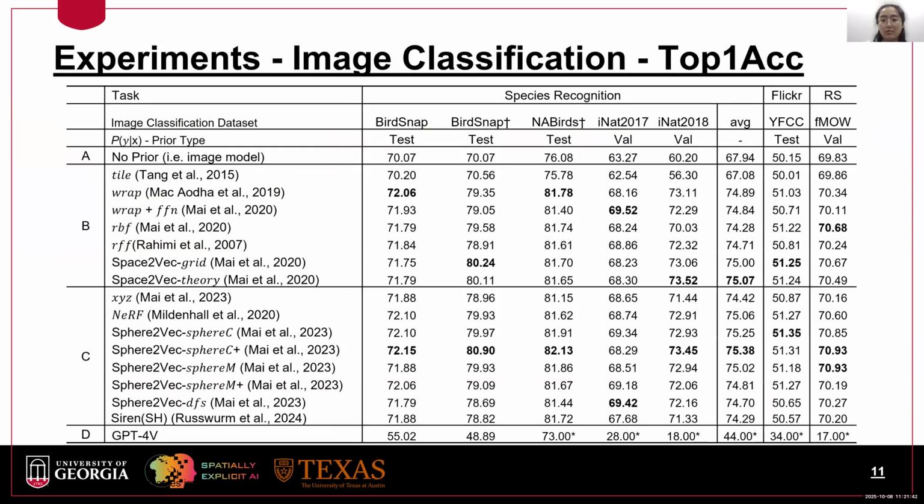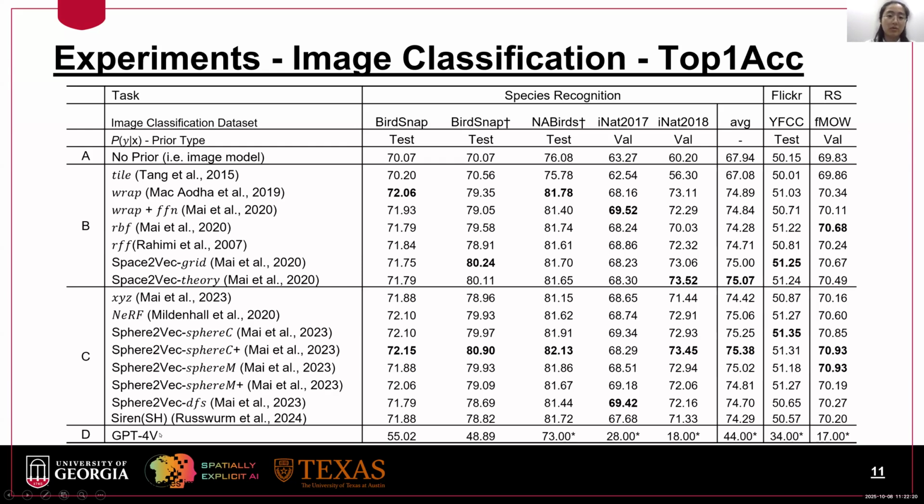And what about the experiment results? This page shows the image classification results. We use top 1 accuracy as the metric to tell you the performance of all the location encoders. The first row, category A, is a no prior model. It means it's an image-only model, no location encoders in this row. Category B is 2D location encoders, C is a 3D location encoder, and D is GPT-4V.